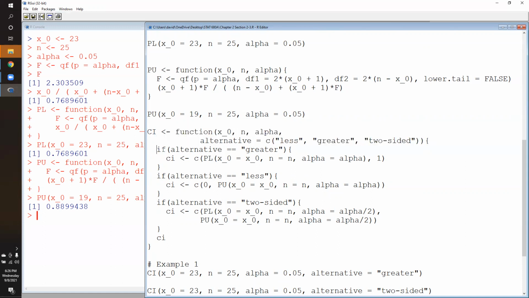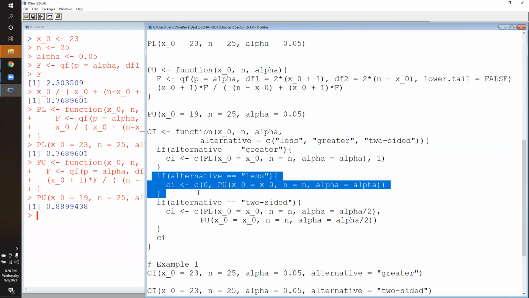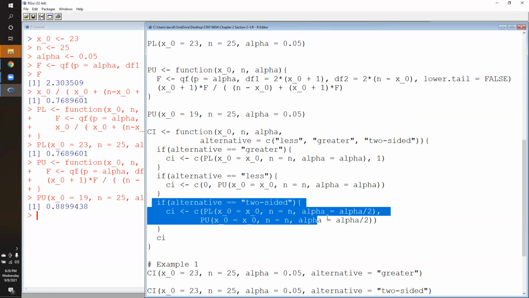So if the alternative is a greater than test, really my confidence interval is going to be from this lower limit up to 1, right? And if I have a one-sided confidence interval that's a less than, my confidence interval is going to go from 0 to that upper limit. And if I have a two-sided confidence interval, then my limits are going to be PL and PU.